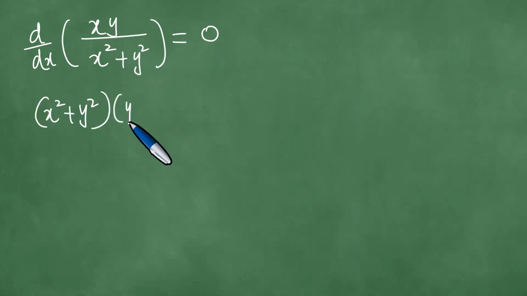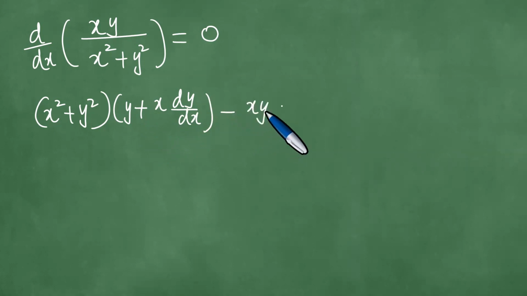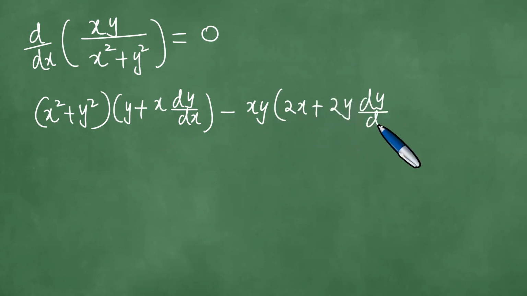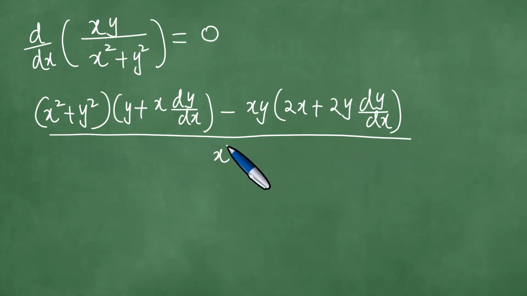The derivative of x is 1, giving us 1 times y, which is y, and then we have x times dy/dx, minus xy times the derivative of the bottom, which is 2x plus 2y dy/dx. Right, and this is divided by the denominator squared. This is called the quotient rule of differentiation, and this equals 0.